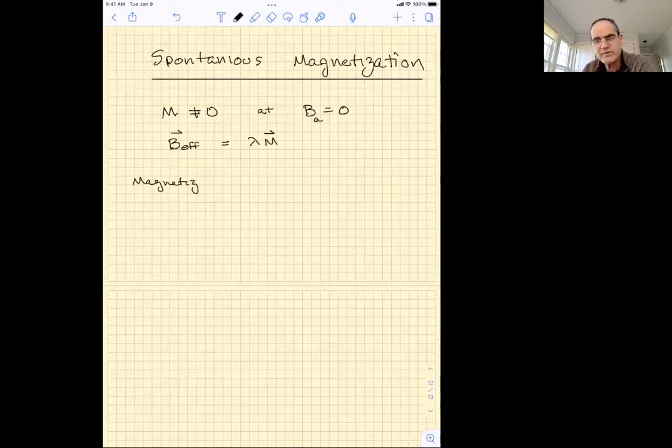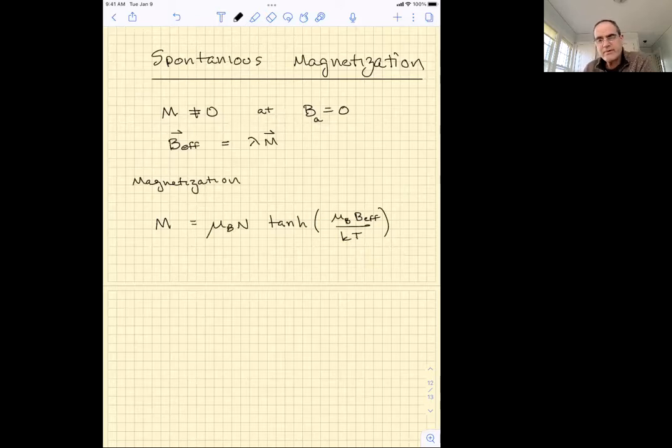Then we can use this effective field in the magnetization model that we developed for paramagnets, which says that the magnetization is just mu B times N times the hyperbolic tangent of mu B times the magnetic field divided by kT. Only now, this is the effective magnetic field, okay?